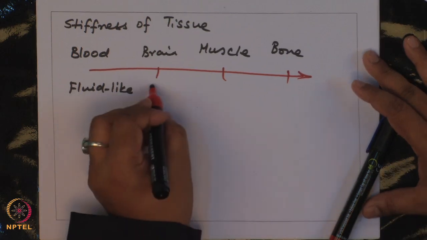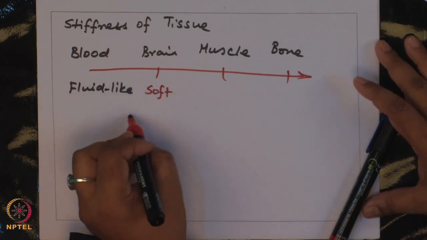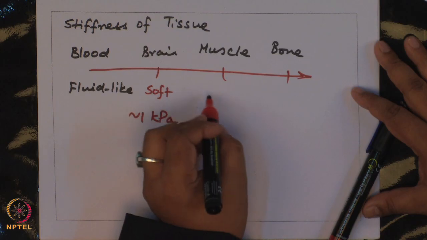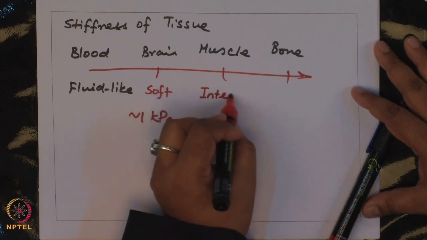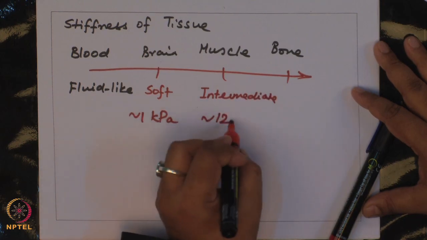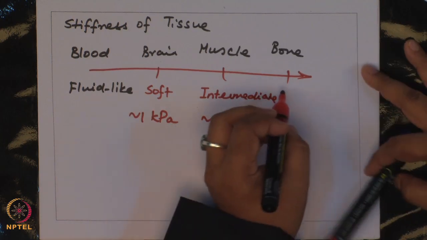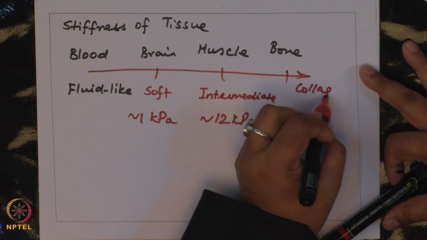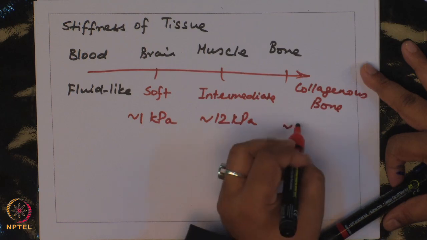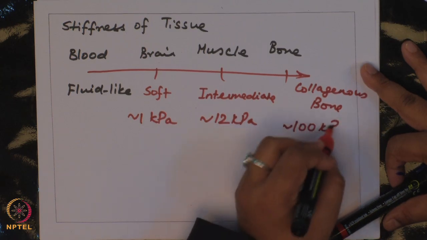Okay. Brain is soft, by soft I mean order 1 kilopascal. Muscle is intermediate stiffness, order 12 kilopascal. And bone, rather collagenous bone, is stiff, it's order 100 kilopascals.